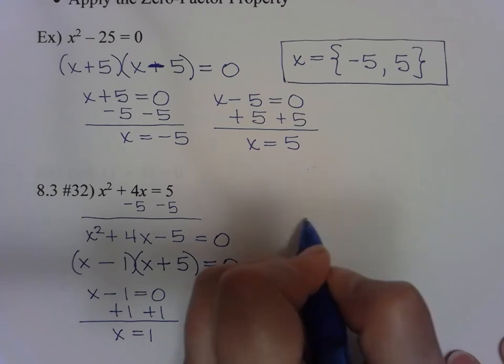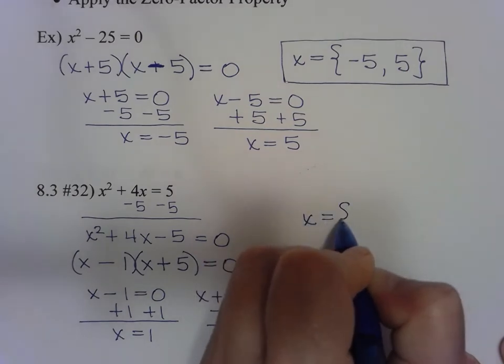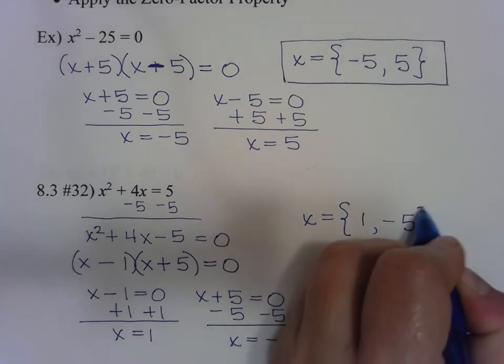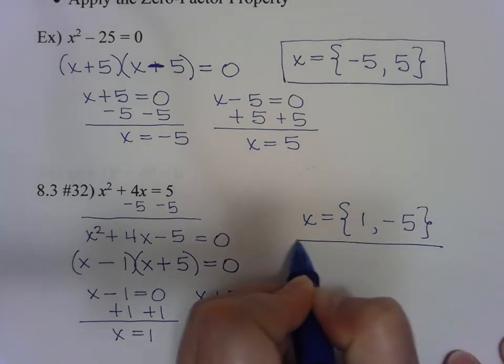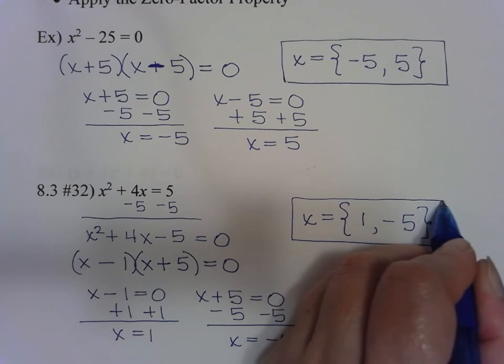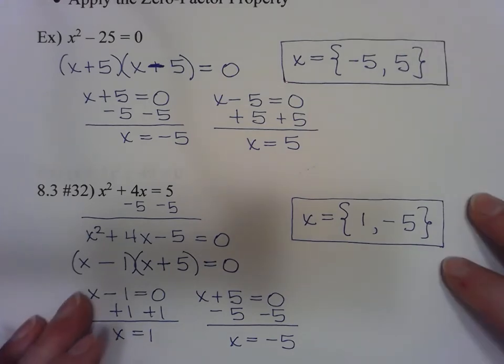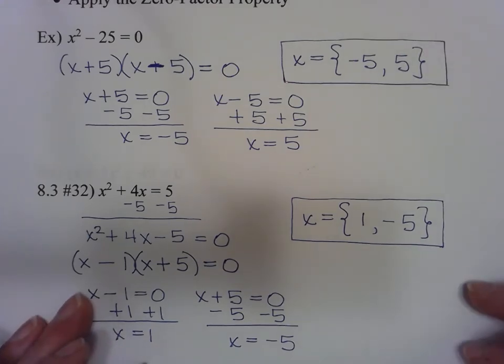That's going to give me 2 answers, +1 and -5. All right, so this is solving by factoring. That's one strategy, right, that we can use to solve something with an x squared.